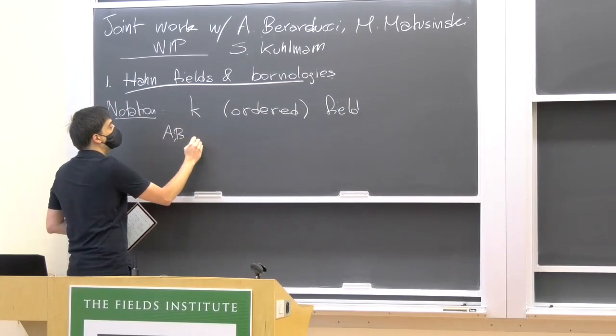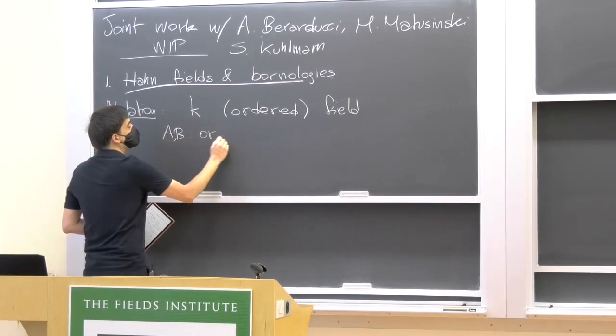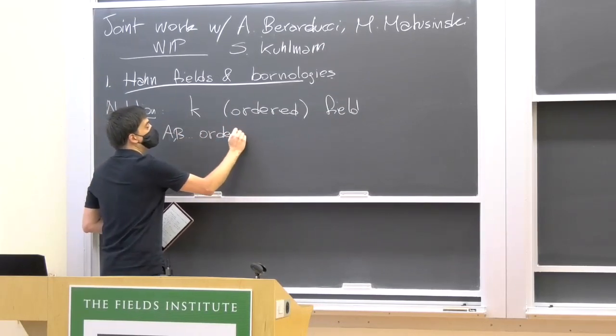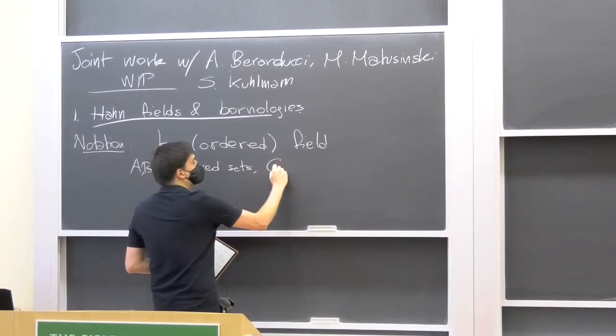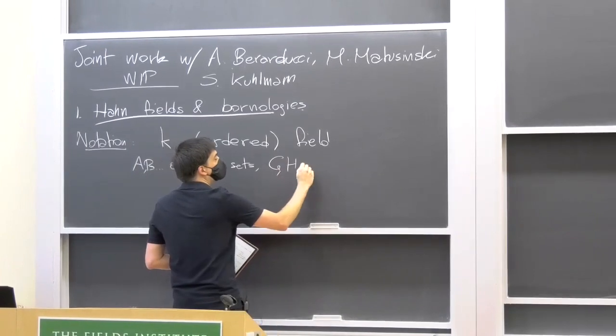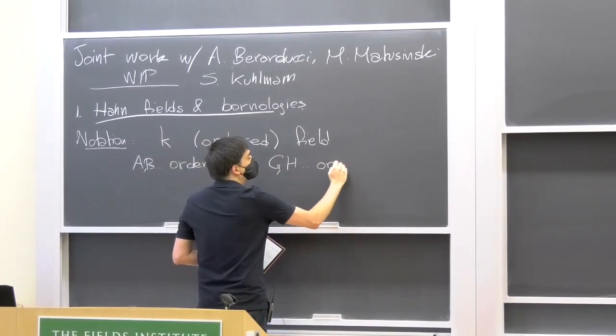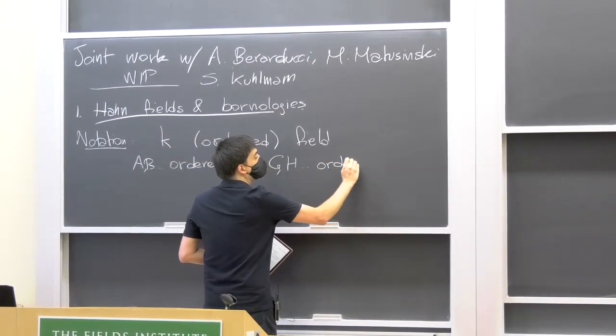A, B are going to be ordered sets. Sometimes they're going to be actually groups, so Z, G, H, etc., ordered groups.